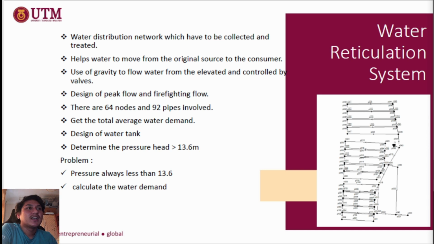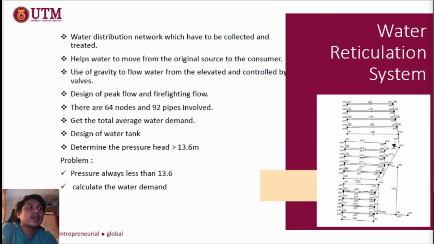For your information, there are 64 nodes and 92 pipes involved in our design project. To calculate the peak discharge and firefighting flow, we have to determine first the average water demand by evaluating the type of residential in the area. Then, the value will be used to design the water tank.